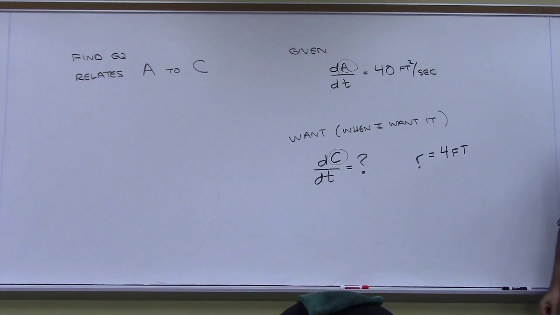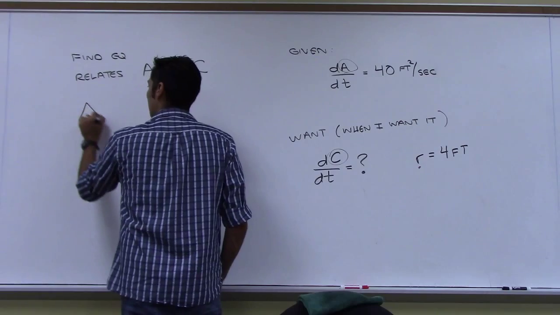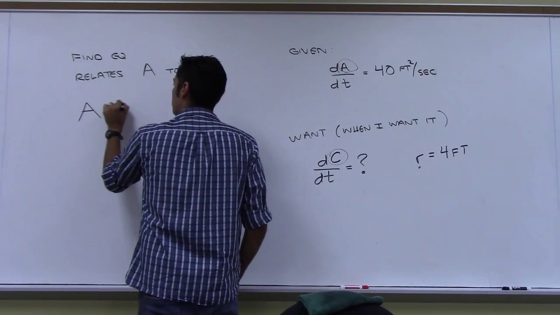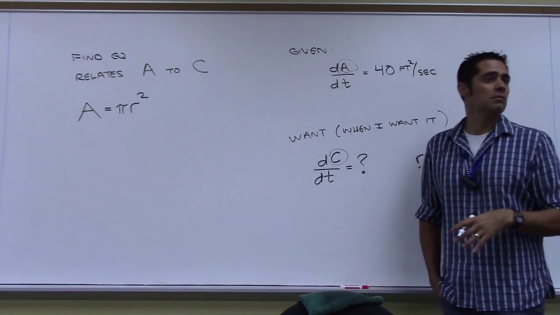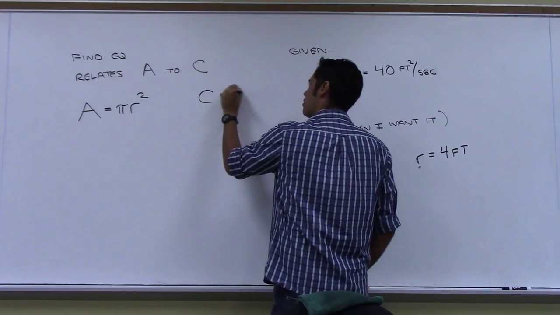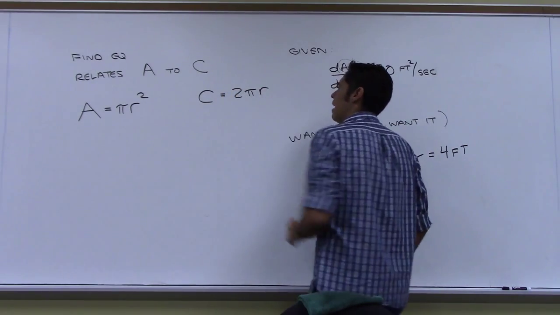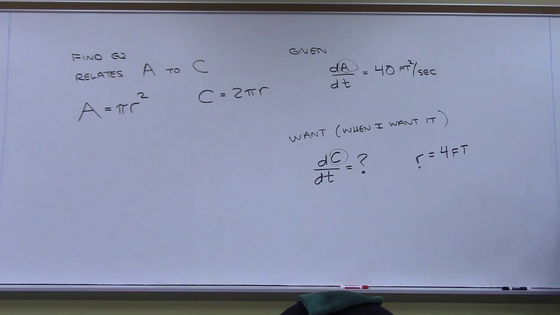Can you take the circumference formula, solve for r, and then plug r into the area formula? Exactly. Let's write down the things we do know. That equation won't work for us because it relates A and r. The equation we have for circumference is 2 pi r, right? That relates C and r. But there's an intermediate variable there, r, that appears in both.